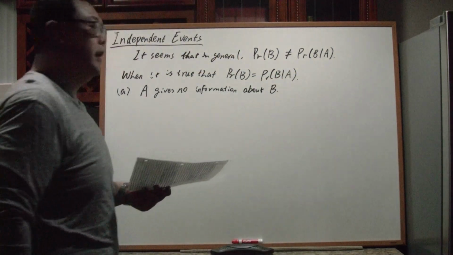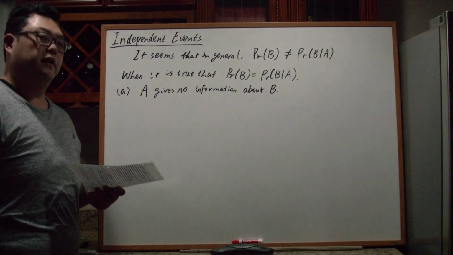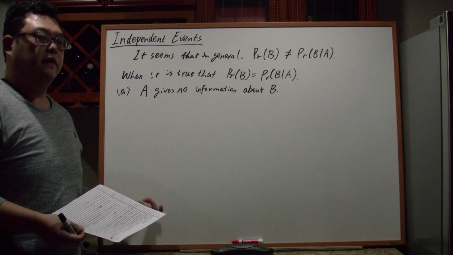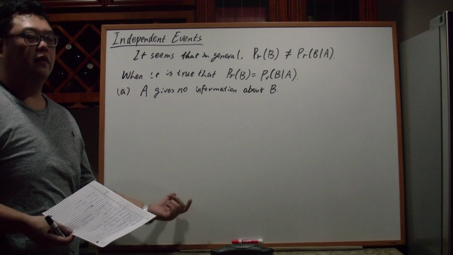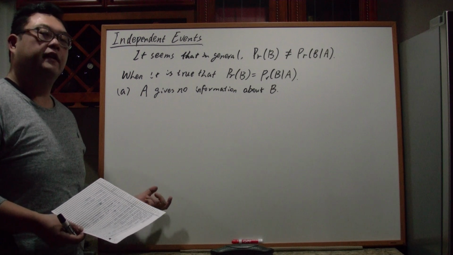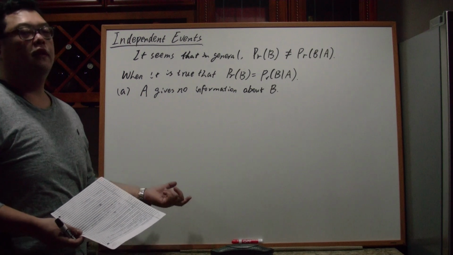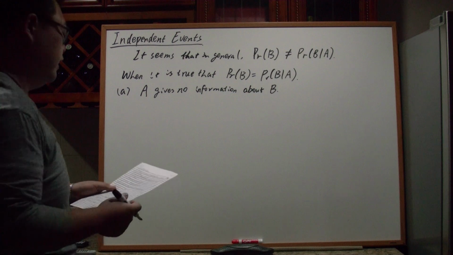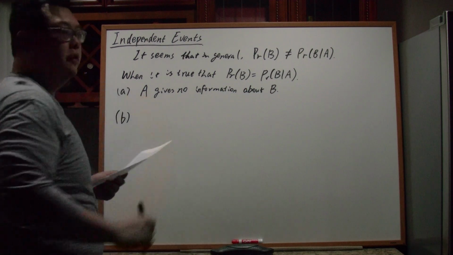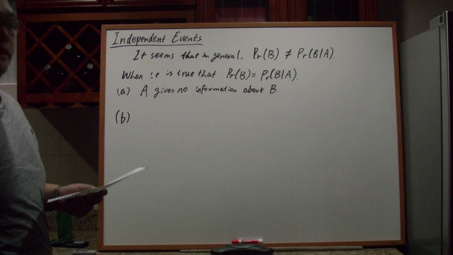A gives no information about B. Right, that's our first case. It could be like what we had before, the first calculator and second calculator, where the second calculator is not affected by the first calculator's situation. They are not dependent. In other words, they are independent.